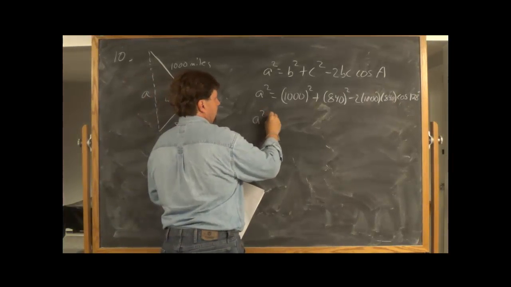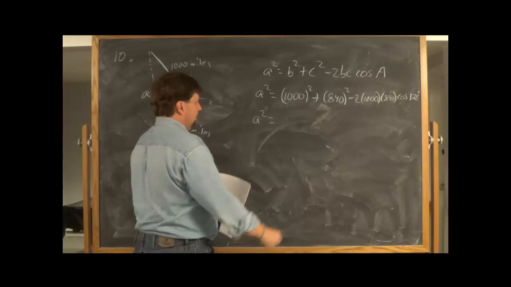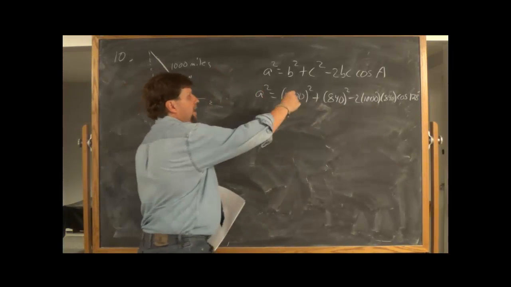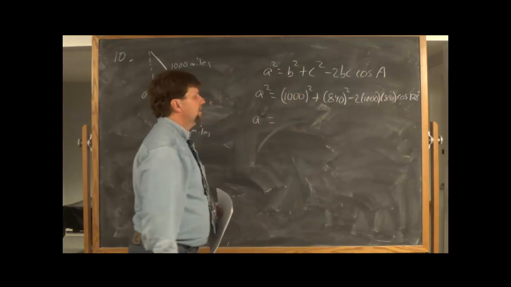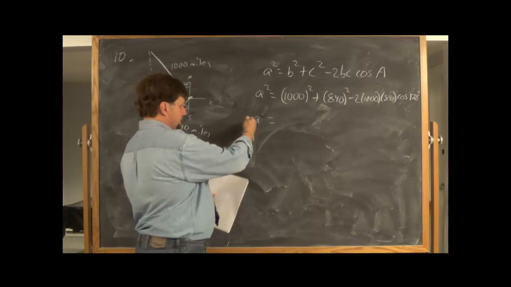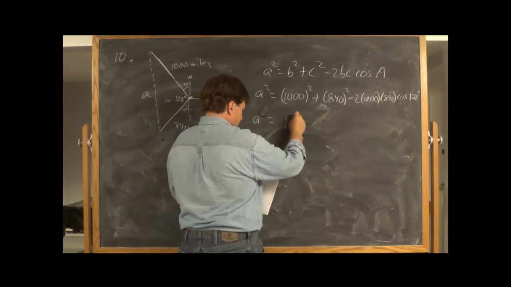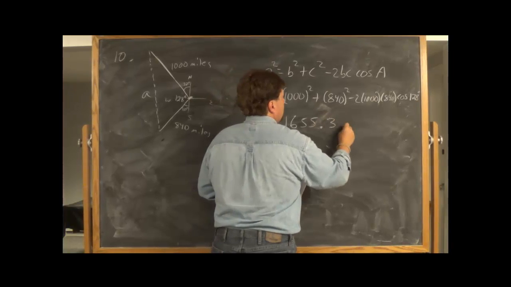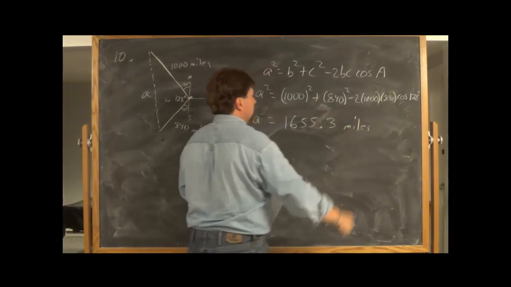And I get a squared, this is a big ugly number. I'm not going to write down that big ugly number, but once you get that big ugly number, you're going to take the square root of it to get A is 1,655.3 miles.